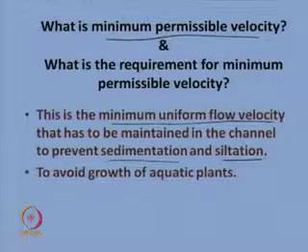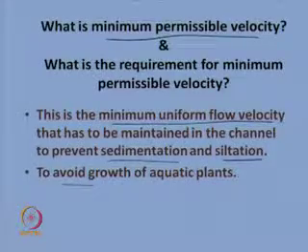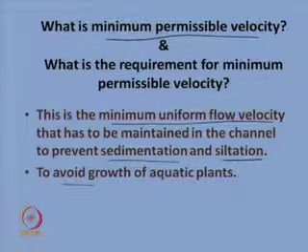Otherwise, whatever suspended materials are already there in the channel may start getting sedimented, deposited. So, you have to avoid that deposition. Also, if the velocity of flow of water in the channel is too slow, there are chances of aquatic plants growing in the channel.